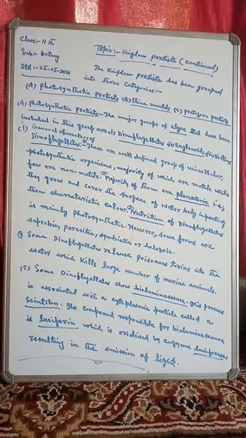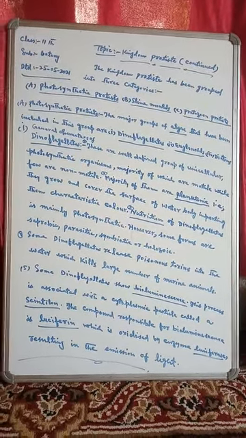Their names are dinoflagellates, euglenoids, and diatoms. Now among these three groups we will take the first, that is the dinoflagellates, and first of all we will study the general characters of these dinoflagellates.